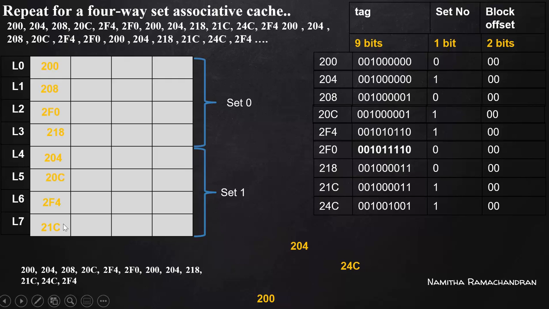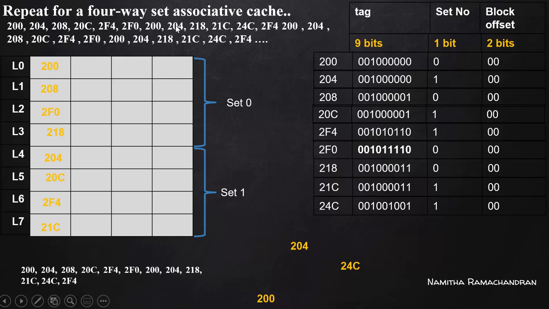So in that case, what do we want to do? We need to follow the least recently used algorithm for replacing a particular memory word from the cache memory. Which one is the least recently used line or memory word here? For that, from this position, consider each address in the backward direction and identify which address is least recently used. We need to make room in set 1 for this particular address. So in set number 1, 21C is used here.